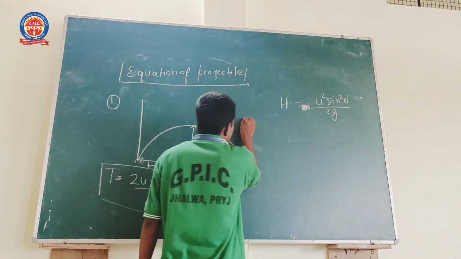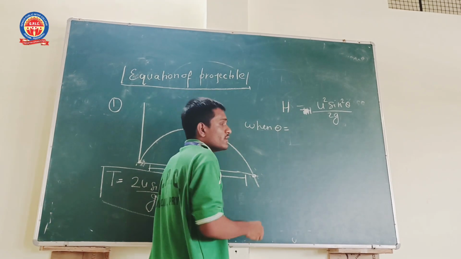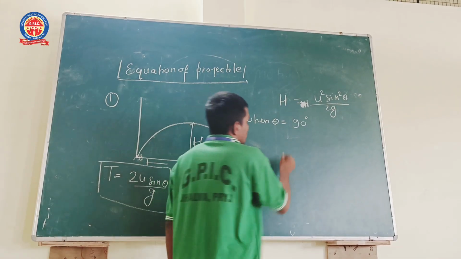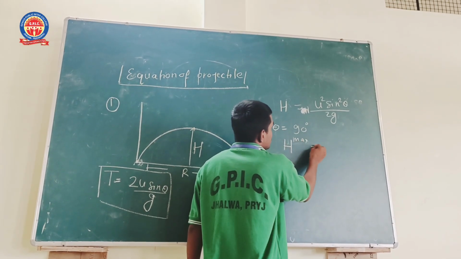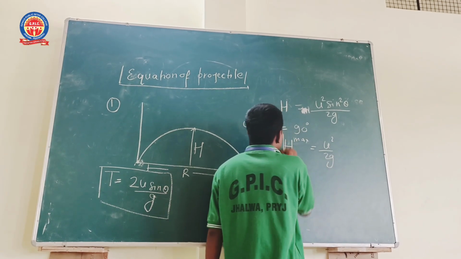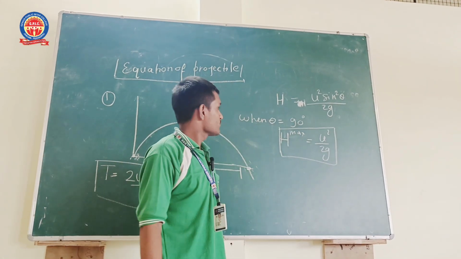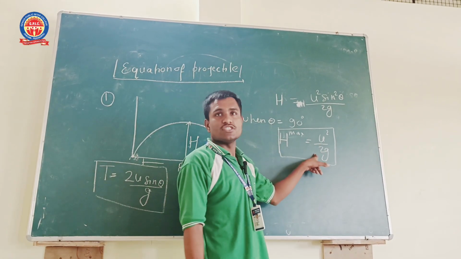When theta is equal to 90 degrees, then h max is equal to u square by 2g, because sin 90 is equal to 1. That's why the maximum height will be u square by 2g.